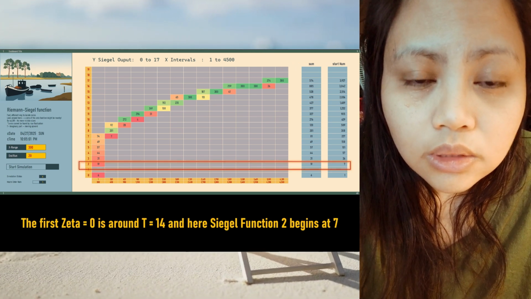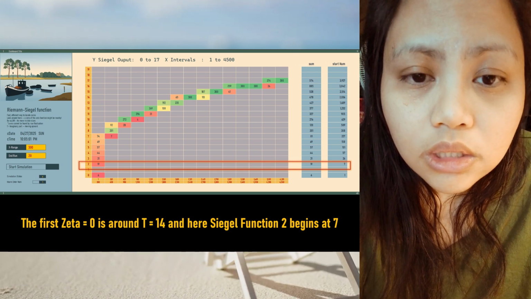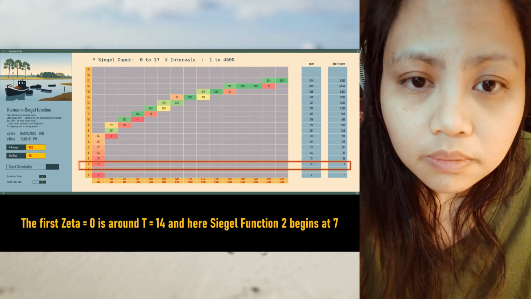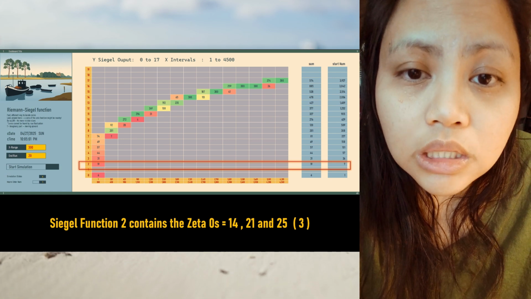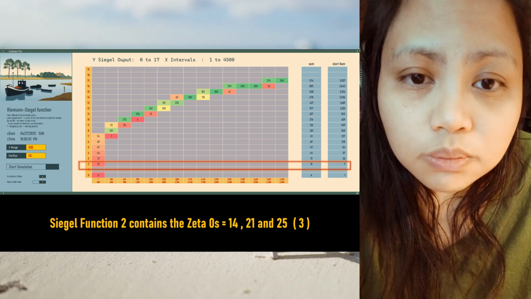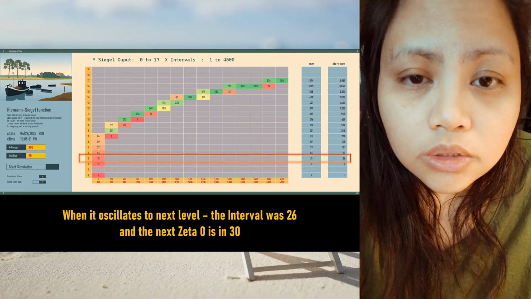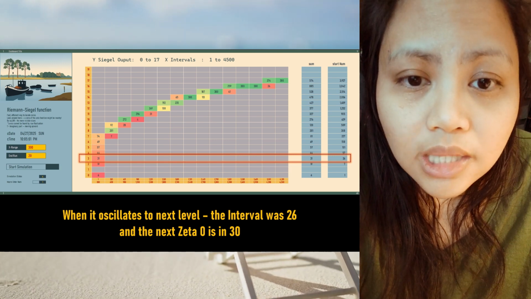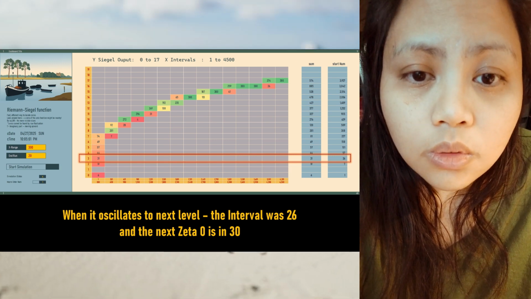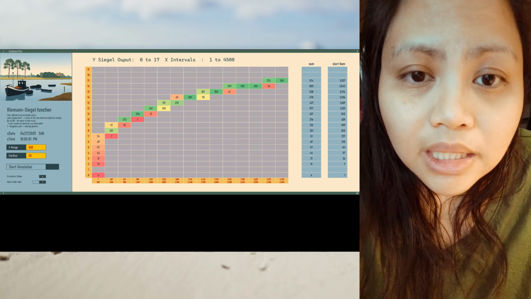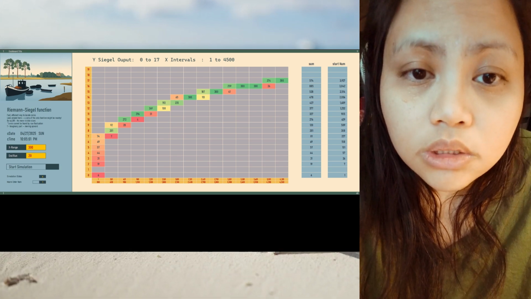To really get close to the critical line, you have to increment it by 0.000, a really small increment. So you have to know which whole number to actually begin with.